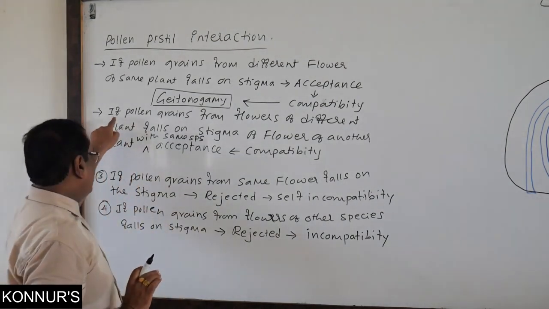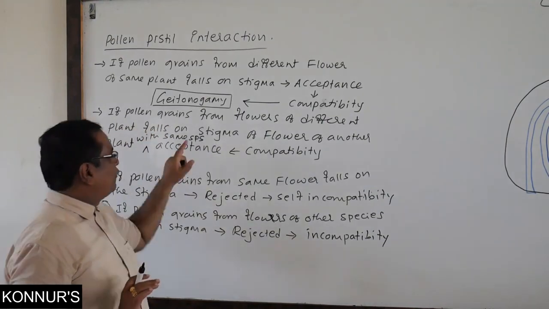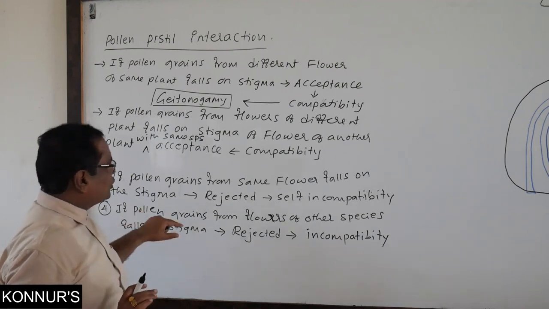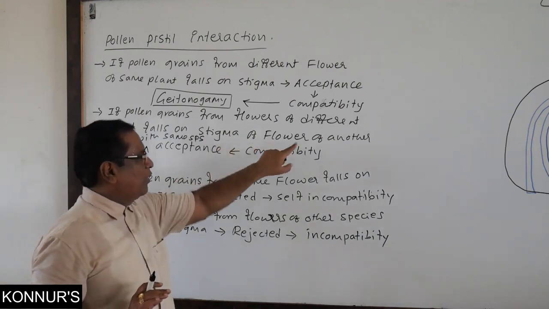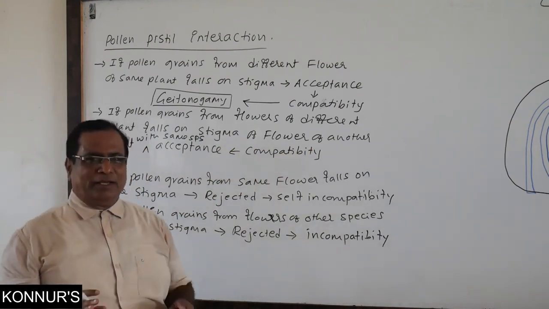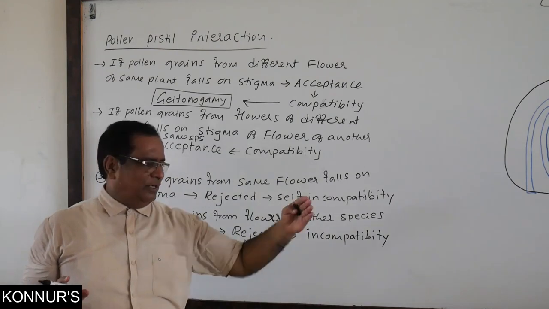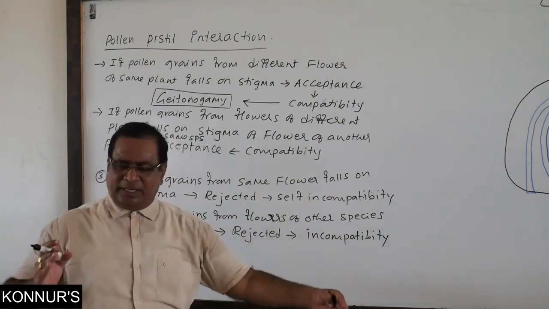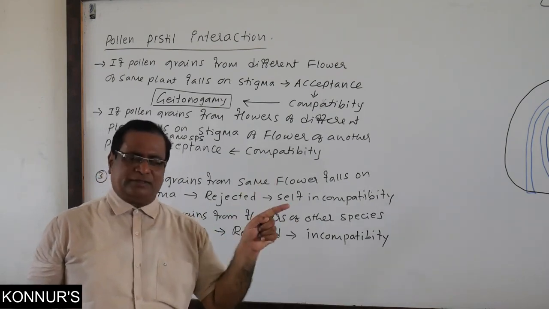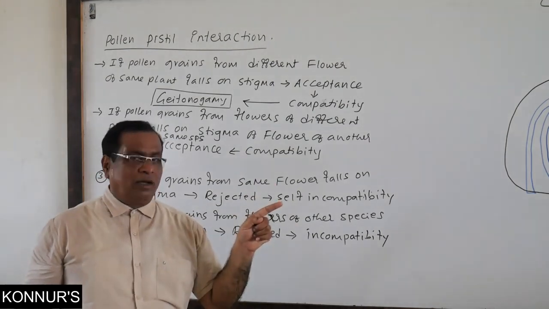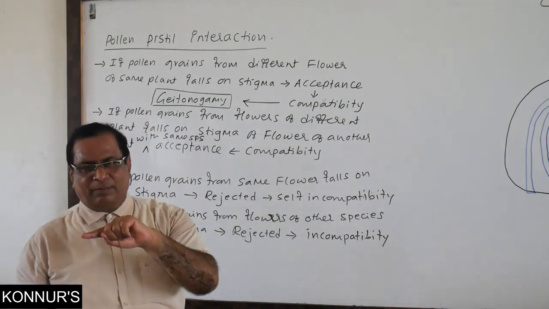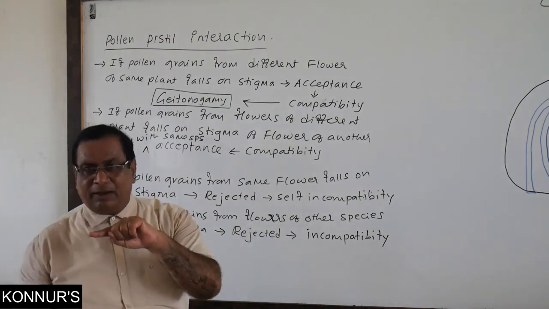Second condition, if pollen grains from flowers of a different plant fall on the stigma of a flower of another plant of the same species. Here there is a dioecious condition. There is a male plant, there is a female plant. Here pollen grains from the flowers of the male plant fall on the stigma of flowers of the female plant.